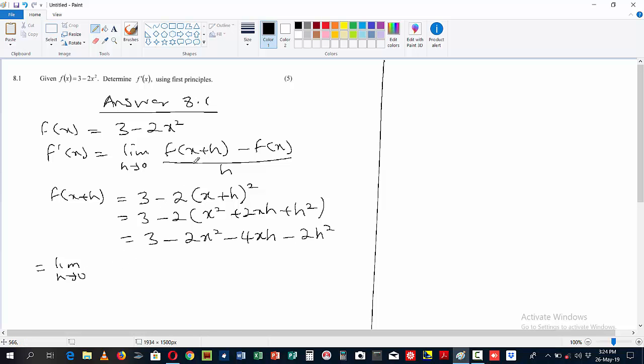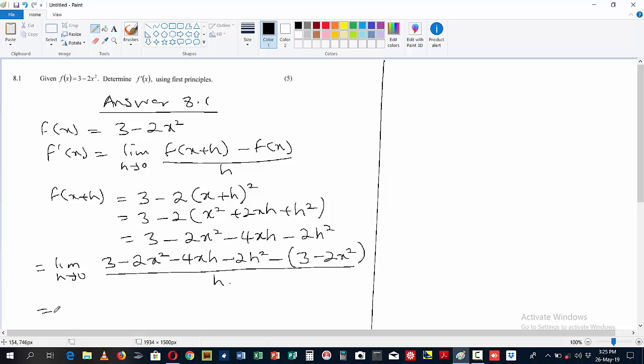Our f of x plus h is equal to this, which is 3 minus 2x squared minus 4xh minus 2h squared, minus f of x, which is 3 minus 2x squared, divided by h.